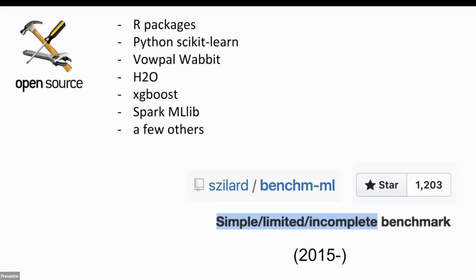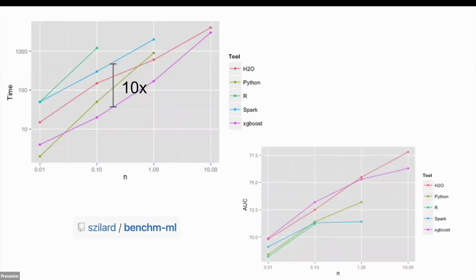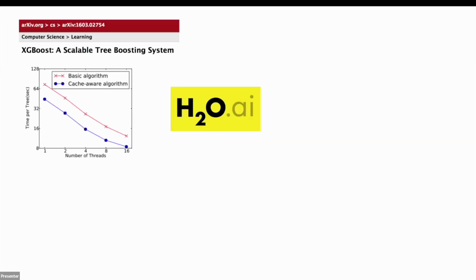So I started this GitHub repository, Benchmark ML, in 2015, and you can take a look. It has these kinds of scalability graphs of runtime and memory usage, and AUC as performance for classification.